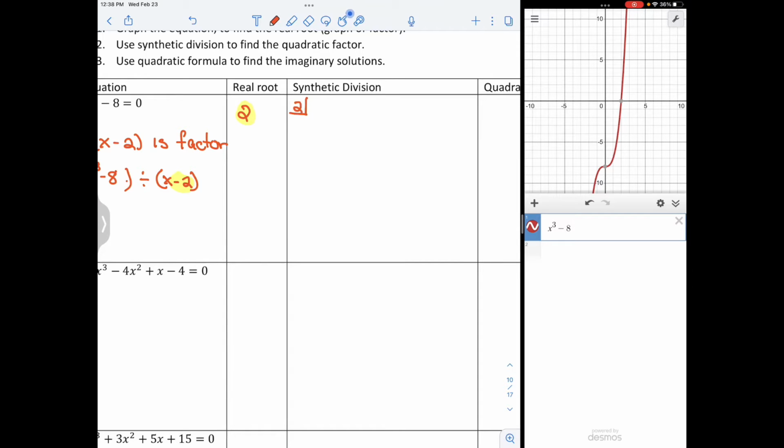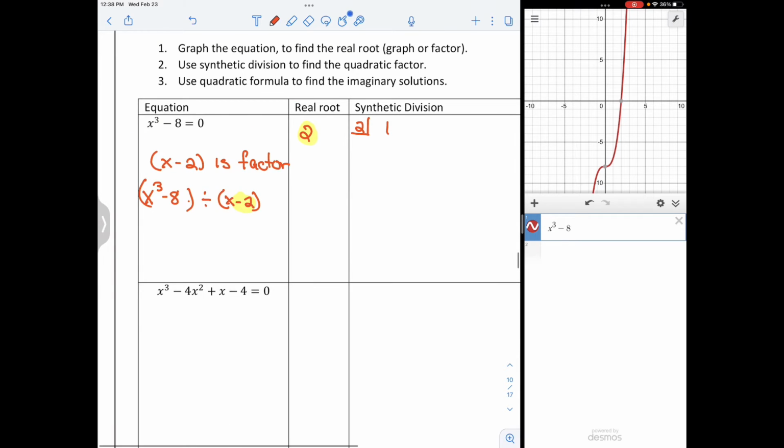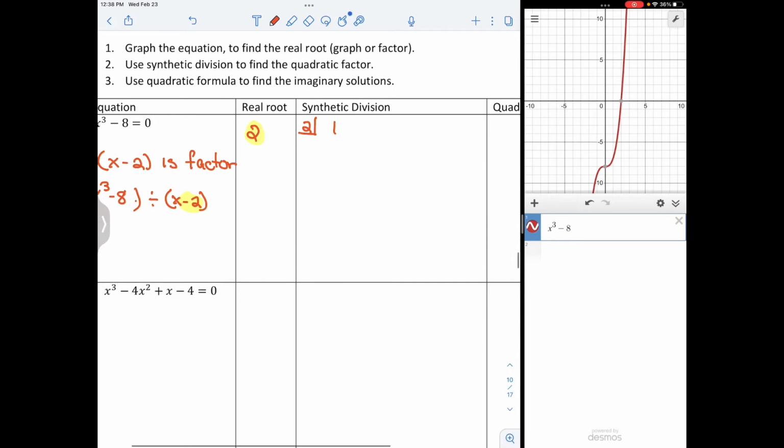So I put my 2 here. Now remember, I have to represent every term. So I have to represent x cubed, x squared, x, and then 8. Now, if I've done this correctly, and 2 is actually a root, then I should get 0 as a remainder. So let's see if that's true.